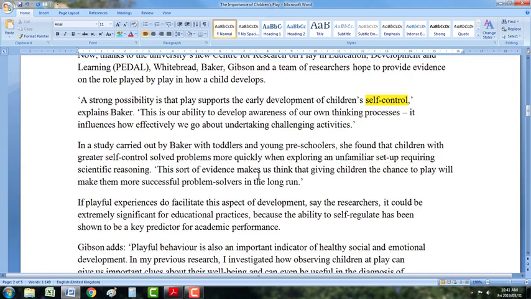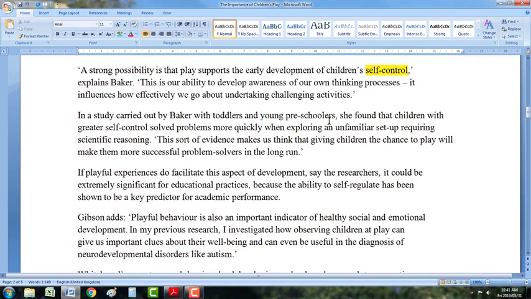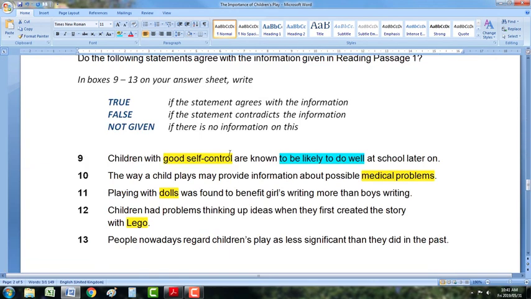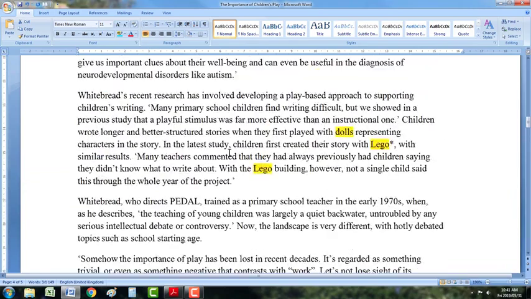But there's a problem here, and they've tried to trick you in that they have put a distractor there. There's nothing there about good self-control, and there's nothing about school. So you should probably keep on scanning a bit. That's why it would have been nice if we found medical problems, because we would know where this is.